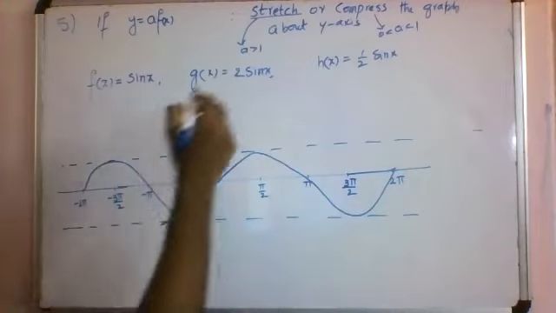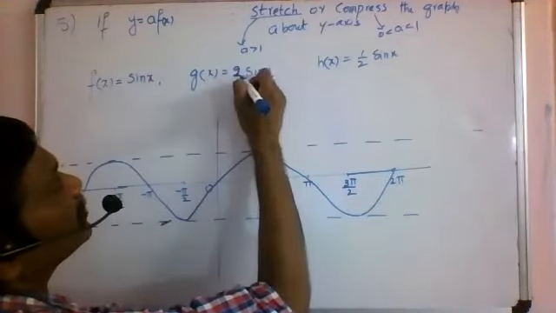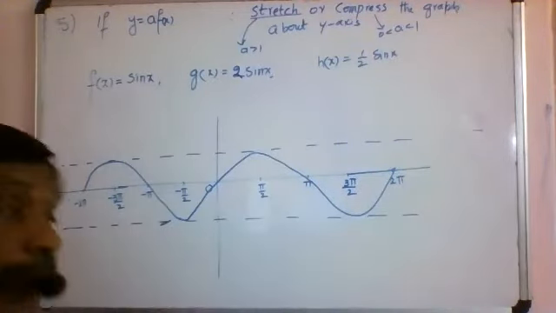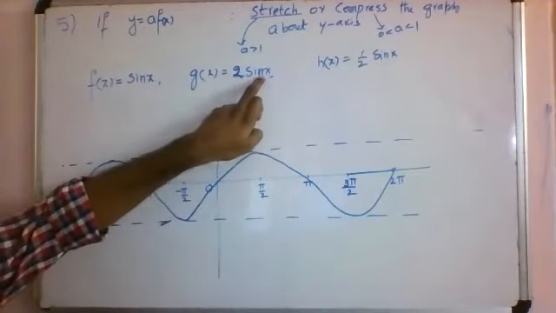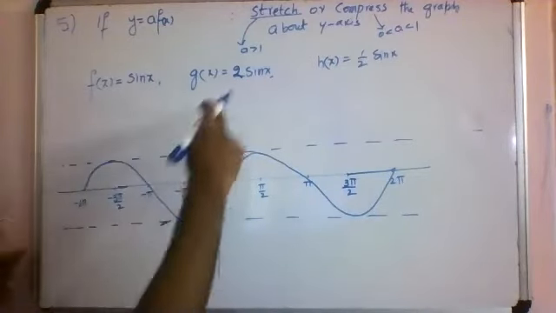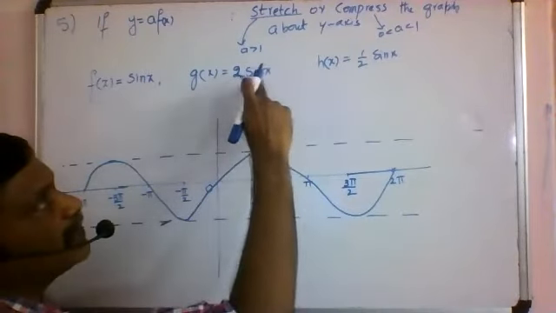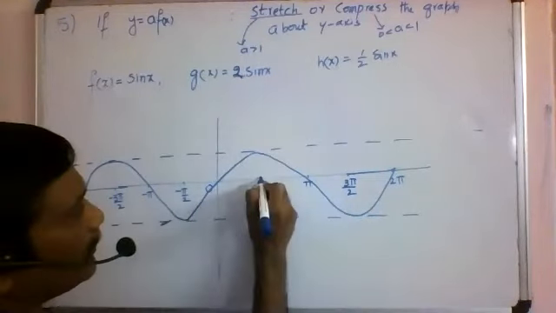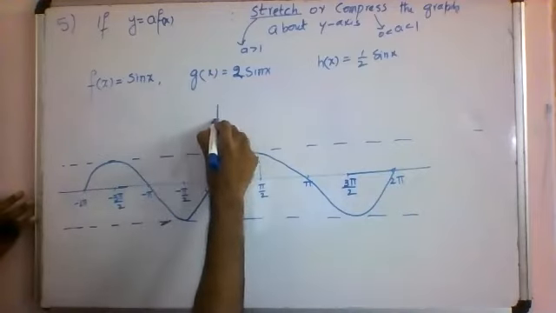Now, here a is 2, which is greater than 1, so we have to stretch the graph. If I take the sin x value as 1, because its maximum value is 1, and keep pi by 2 for x, sin 90 is 1 and 1 into 2 is 2. So at pi by 2, the maximum value should reach 2 now.